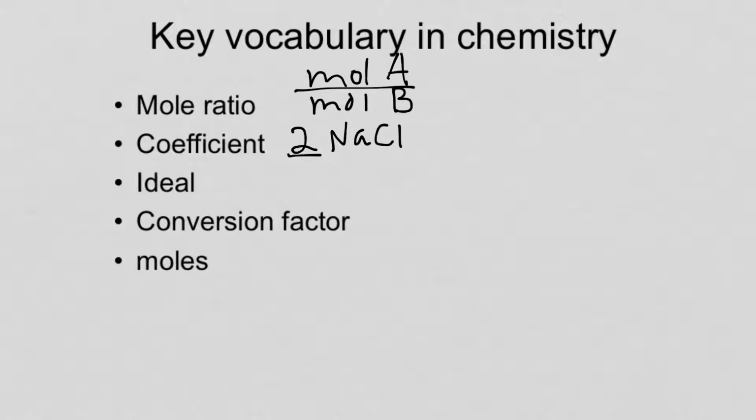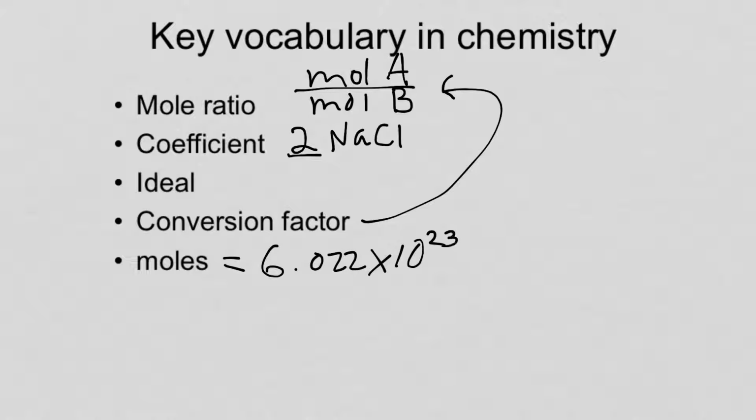Ideal just means that everything works out, all the reactants are used. In the next section we'll look at a non-ideal reaction. Conversion factor, that's the same idea of this being a ratio. And then moles are the idea that these are these 6.022 times 10 to the 23rd particles again. But we often won't use particles because we're dealing with masses.